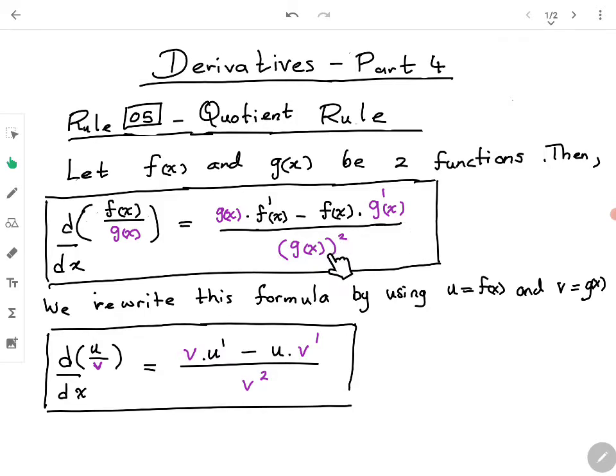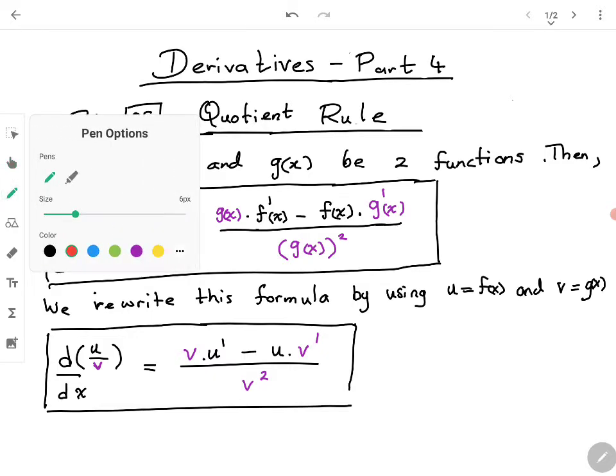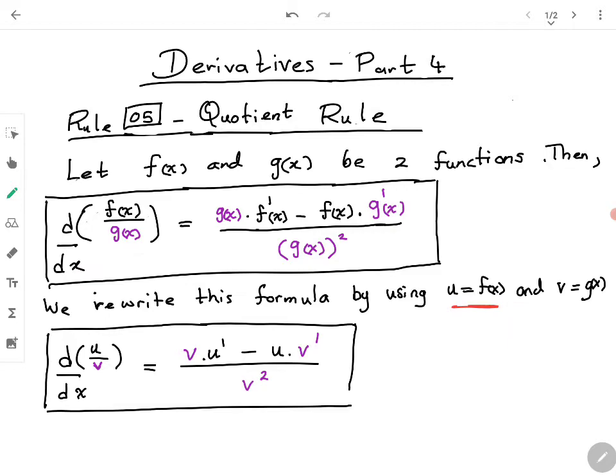So the denominator is made up of g(x) squared and the numerator is made up of two terms, g(x) times f prime minus f times g prime. Like in the product rule, we are going to write this in the uv form, which is the form we will use in questions.